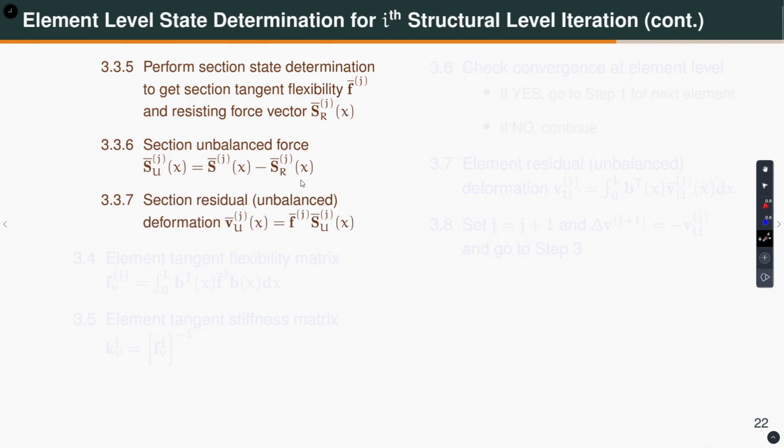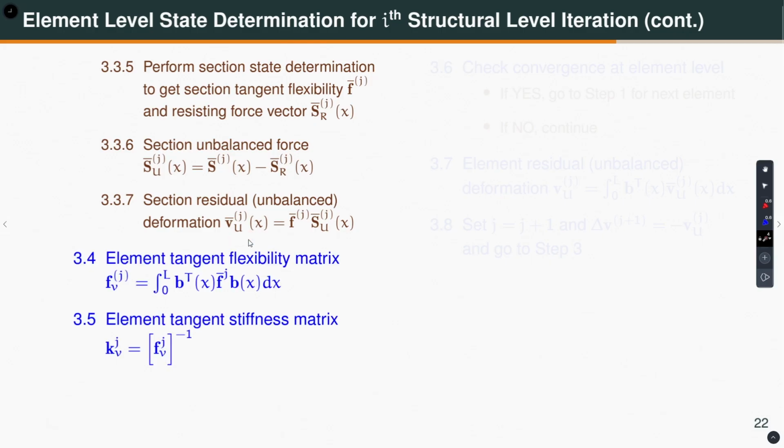Okay. Now, once I get the section unbalanced force vector, using the section tangent flexibility matrix, I am determining an estimate of the section unbalanced or section residual deformation. This is what I was mentioning earlier. This is the section residual deformation, right. Now, if you recall, we have derived the element tangent flexibility matrix equation.